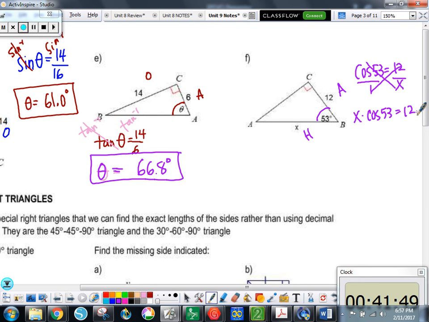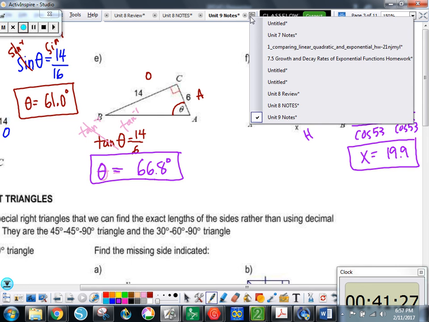And then divide by the cosine of 53. I don't need the degrees because it's not an angle.